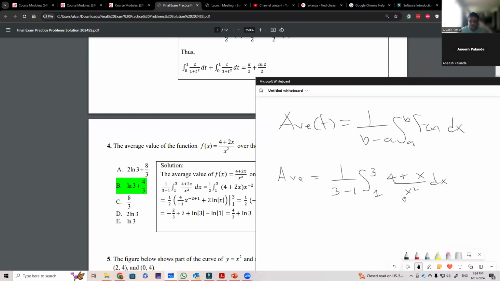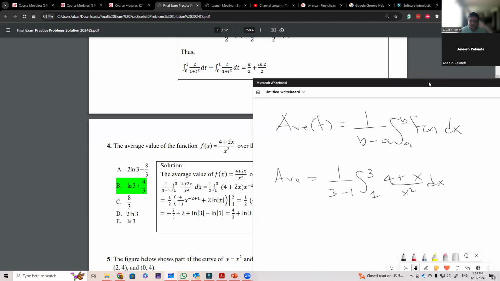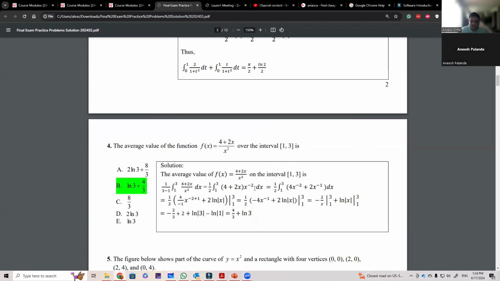And then notice that when this is set up, it's just like a regular integration. You can split 4 over x squared and 2x over x squared. And then you can just simplify that. That's going to give me 4 over x squared, which is 4x to the minus 2. And 2x over x squared is going to give you just 2x to the minus 1. And so from there, it's much easier to just integrate and then plug in the numbers.